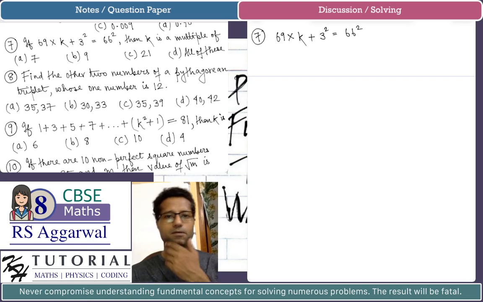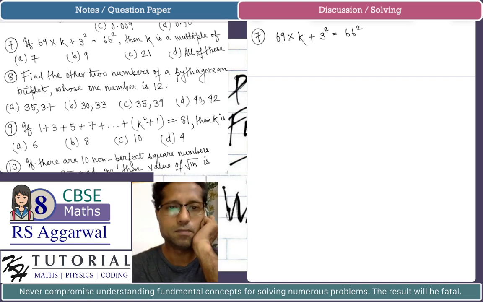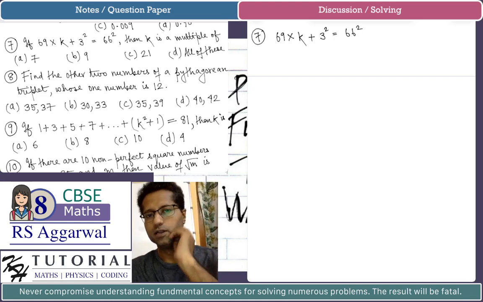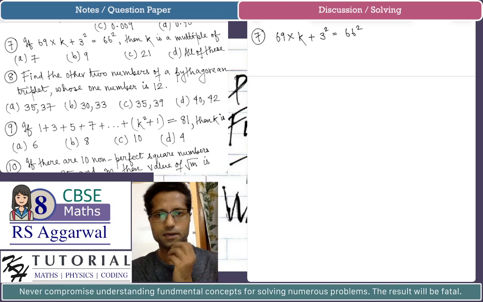Then k is a multiple of. We have to select the choice whose multiple is k.